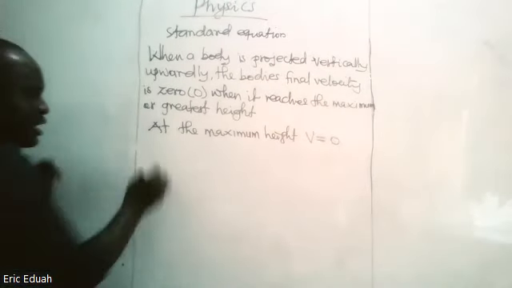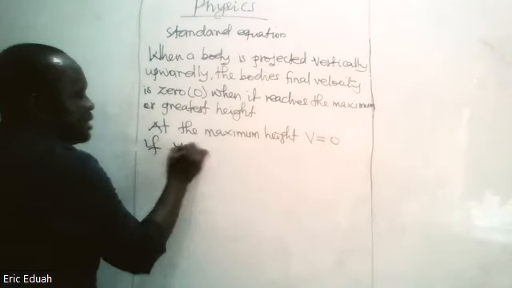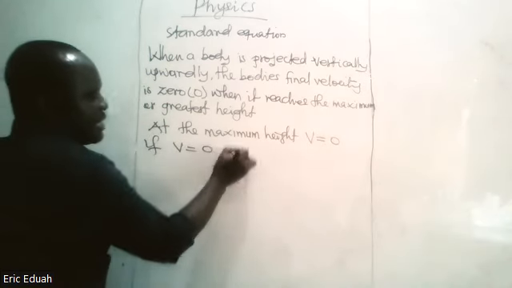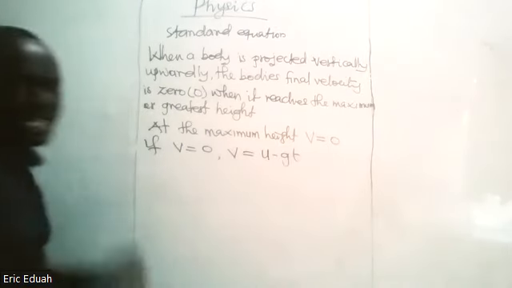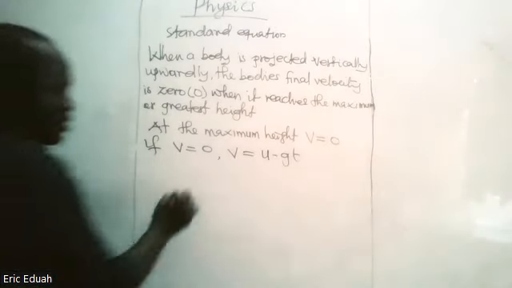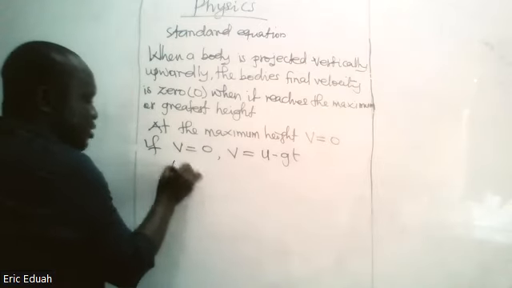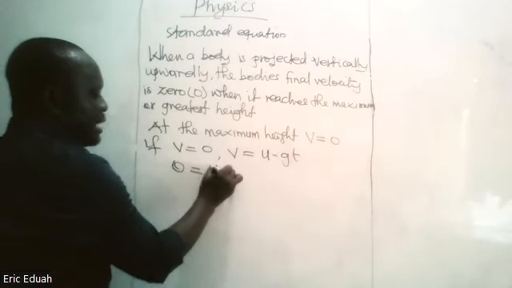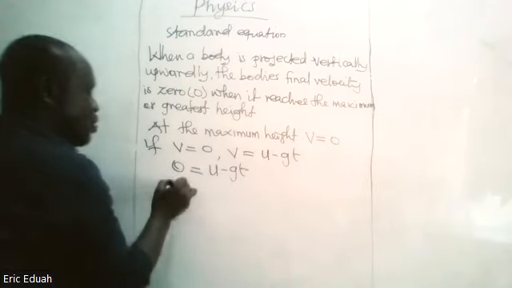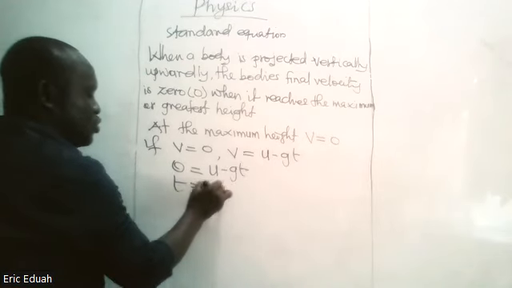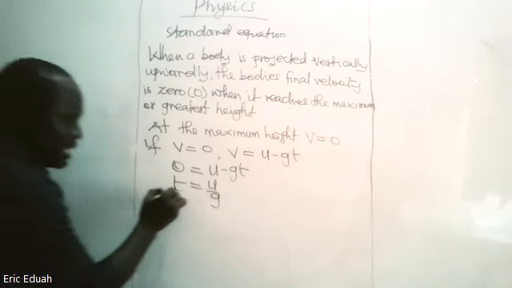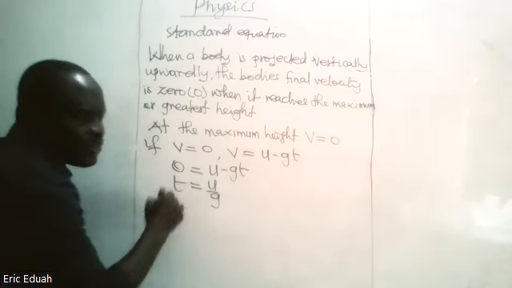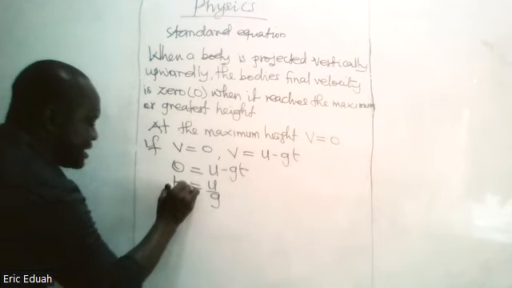So if V must be equal to 0, then using the first equation of vertically upward motion, we'll have 0 equal to U minus GT, where T will be equal to U over G. This expression of T is the time taken to reach the greatest or the maximum height.